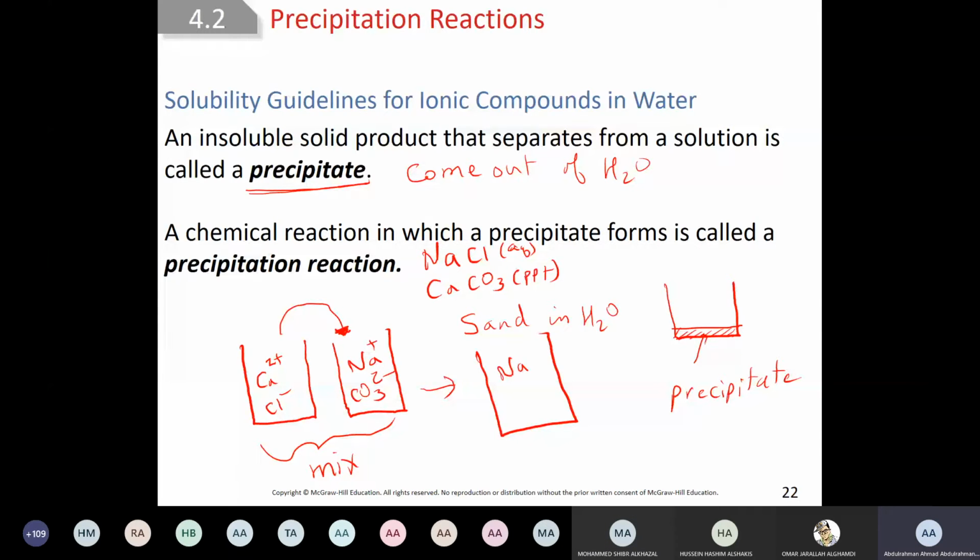Na will stay as Na plus. Cl minus will stay as Cl minus. But calcium and the carbonate will come out of the solution as calcium carbonate solid and precipitate. We call this a precipitation reaction.